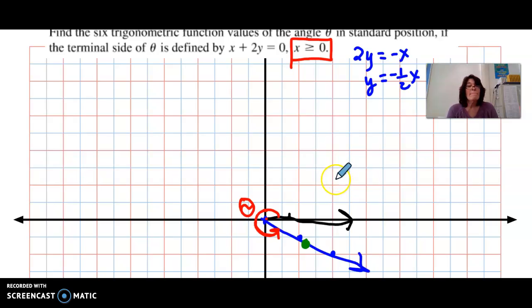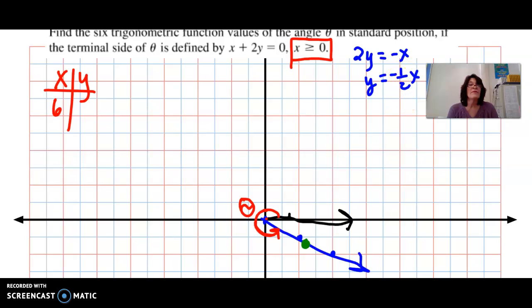So now we need a point on here, huh? You pick any point you want. Let's see, what point do I want to pick? I'm going to pick something easy. I'm taking half of x, so I'm going to pick an even number for x. I'm going to say x is 6, okay?